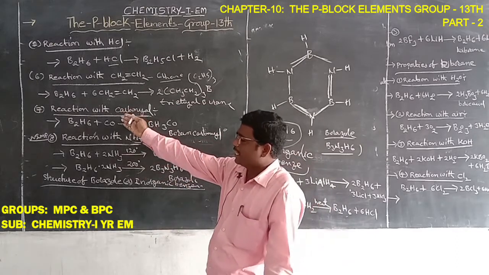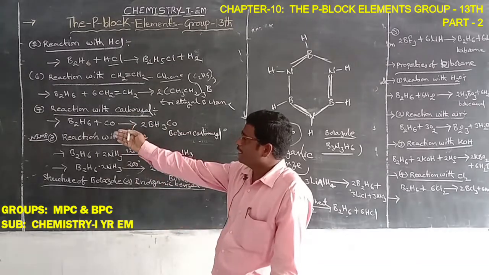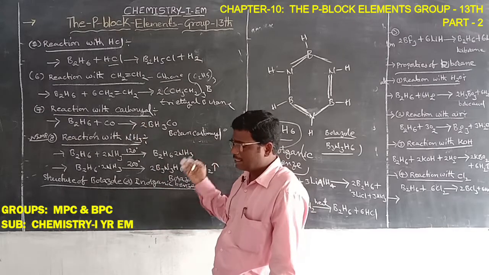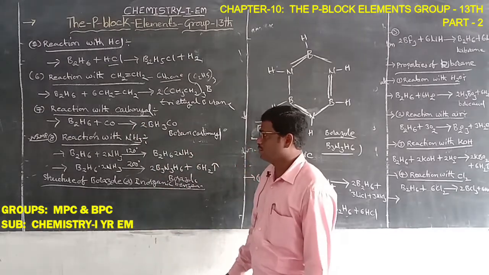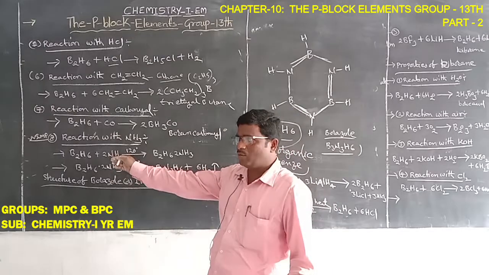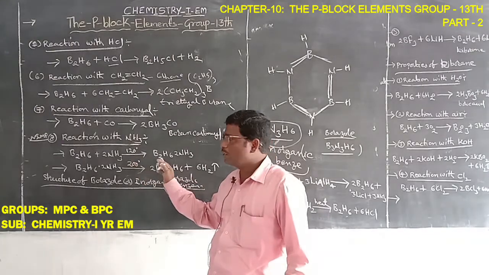Next one, reaction with carbonyl. That is also known as the seventh property. Diborane reacts with carbonyl compound to form borane carbonyl. Next, last one is the reaction with ammonia. Diborane reacts with ammonia at 120 degrees centigrade to form diammonium of diborane.